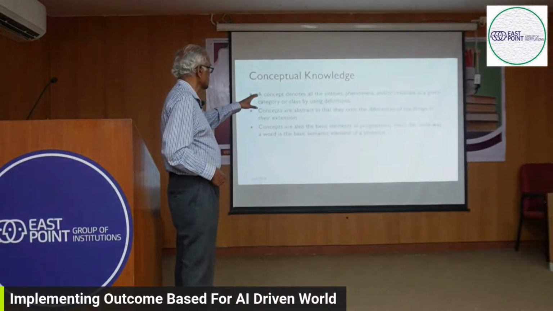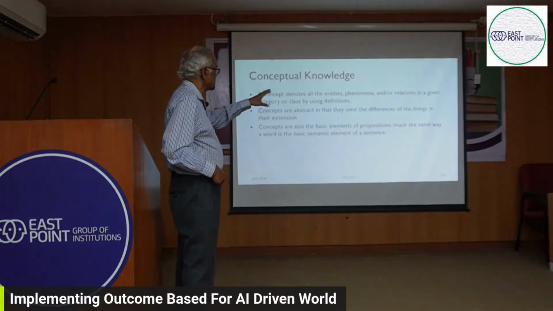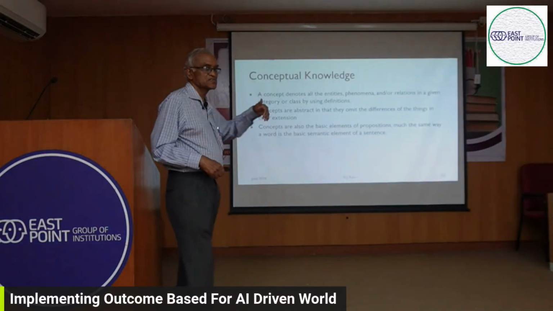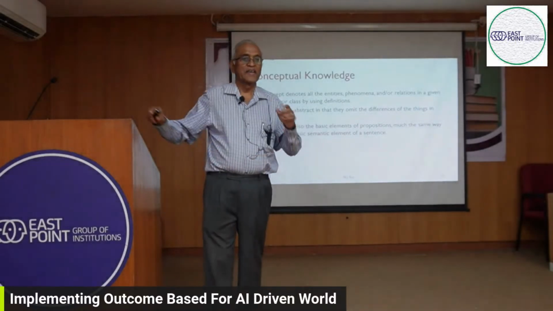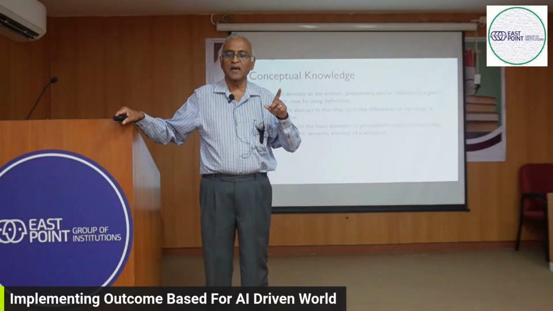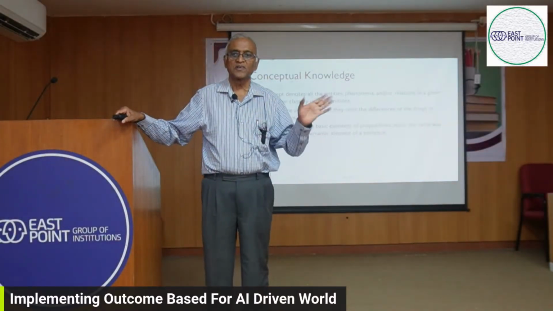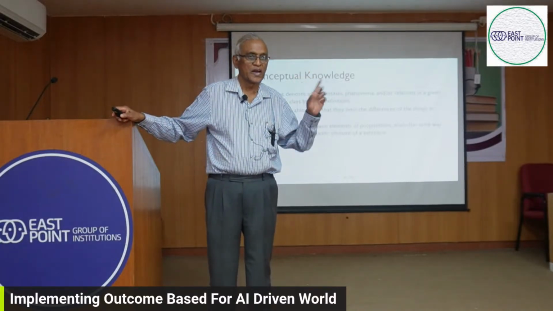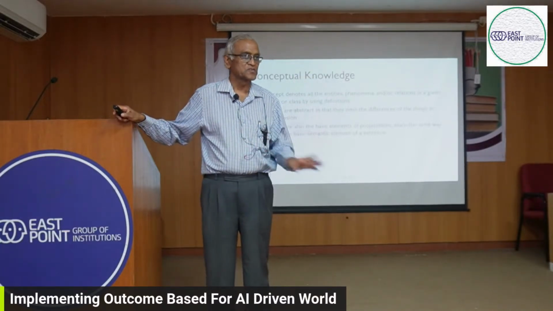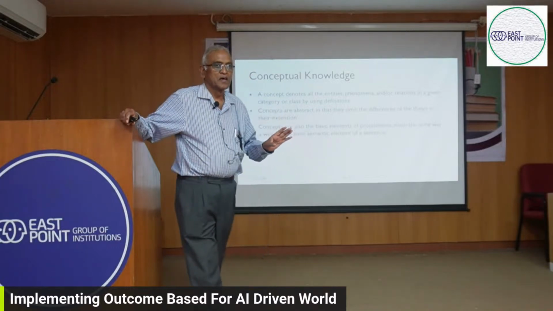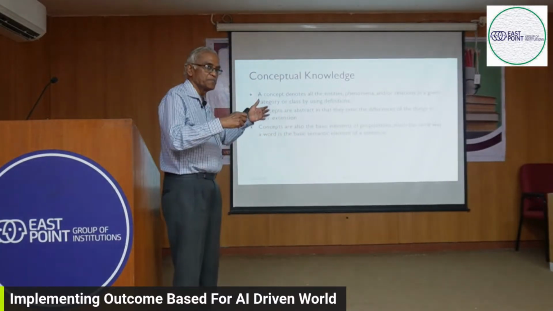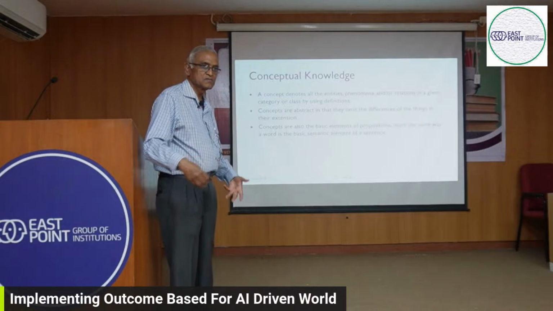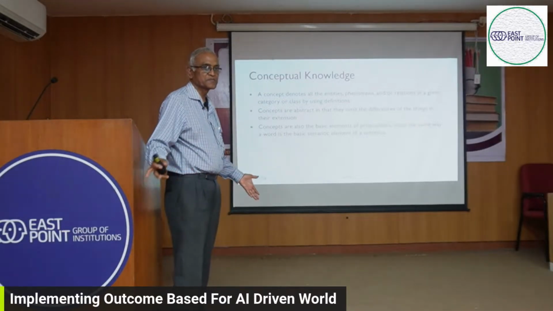Concepts are abstract in that they omit the differences of the things in their extension. That is, when I say tree, I'm not differentiating between a coconut tree and a mango tree. Both are trees. So I'm not differentiating between the two. Okay? So like that I can keep on going down hierarchically to very, very detailed concepts.